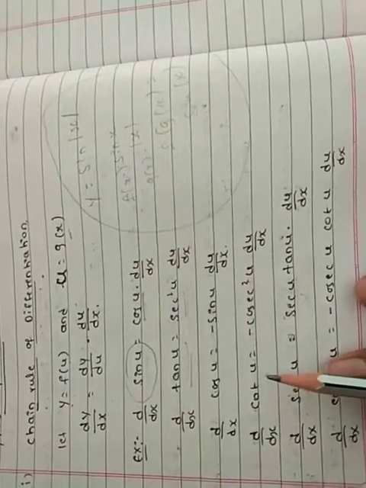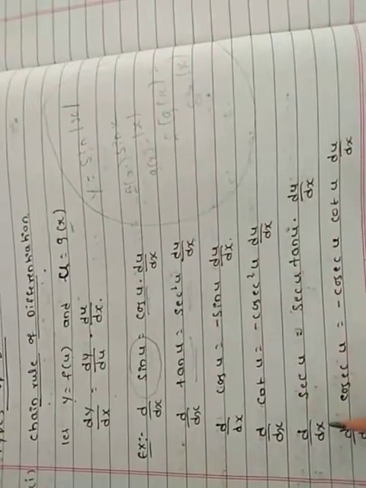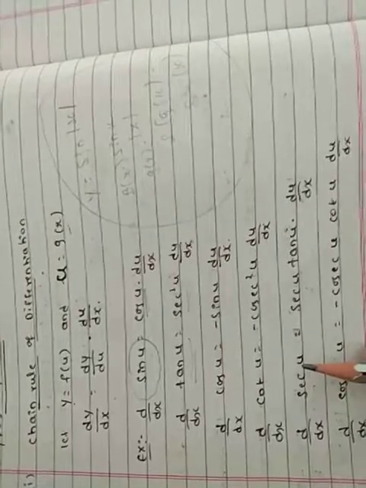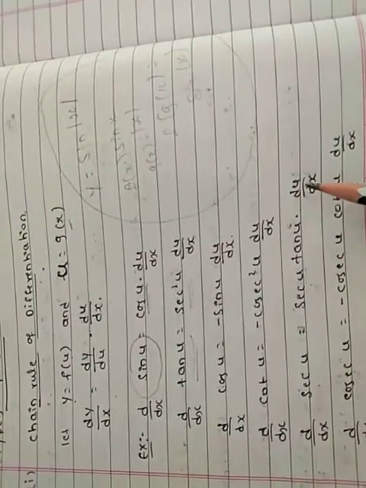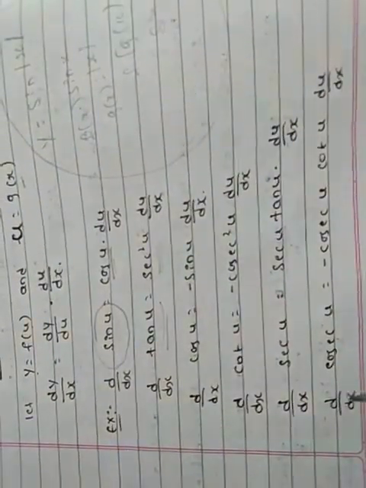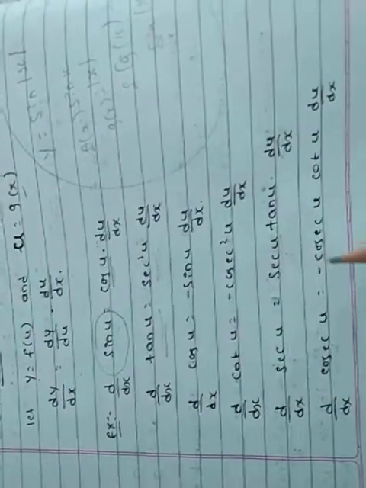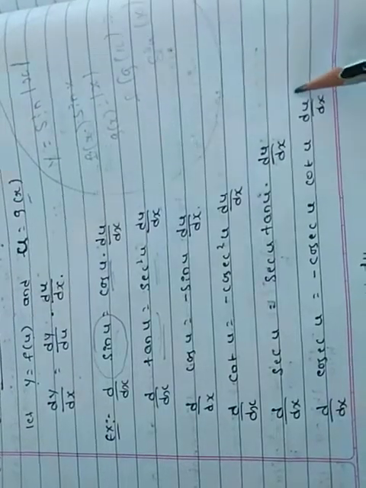In the previous classes we discussed all these standard results. Here d by dx of secant u is secant u into tan u into du by dx. And d by dx of cosecant u is minus cosecant u into cot u, again into du by dx.